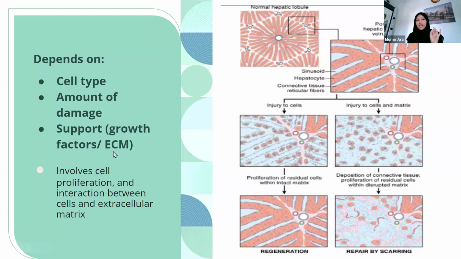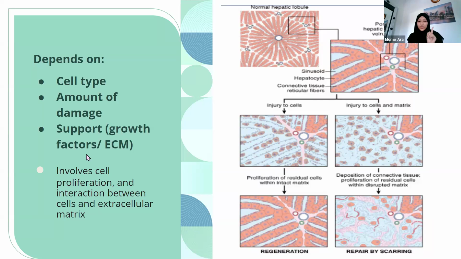ECM stands for that. Now, again, we said cell type, amount of damage, and any other factor that's affecting the vicinity of the cell. All these factors will determine whether they undergo regeneration or repair. This is important to understand before we move on and talk about every one of these points.